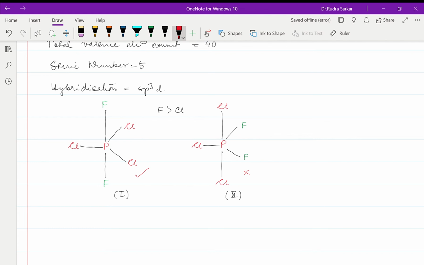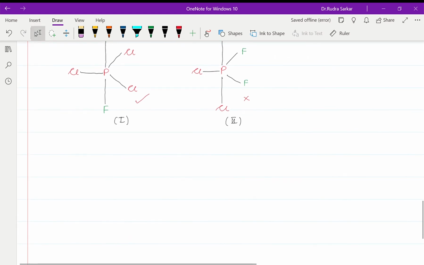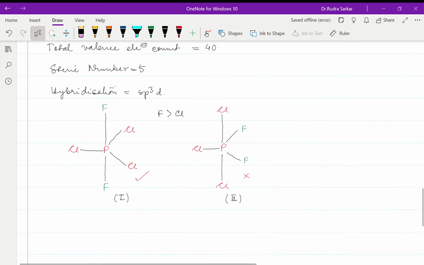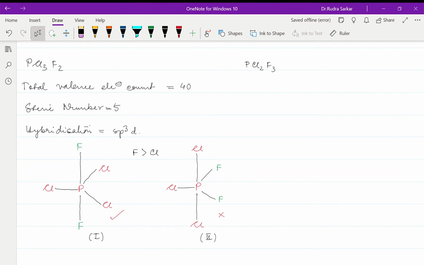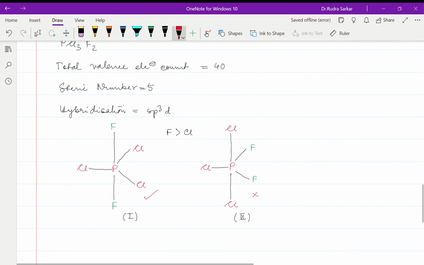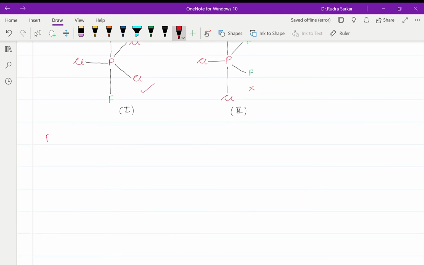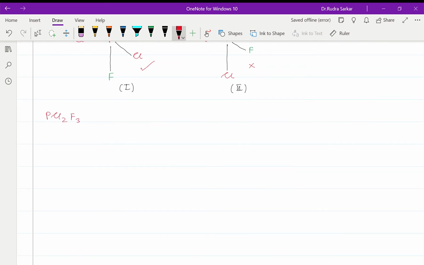Okay. Now let's check a few more examples also. As I said, we will be discussing PCl2F3. So in PCl2F3, again using Bent's rule, what we will say: draw the 3 equatorial bonds and axial bonds.